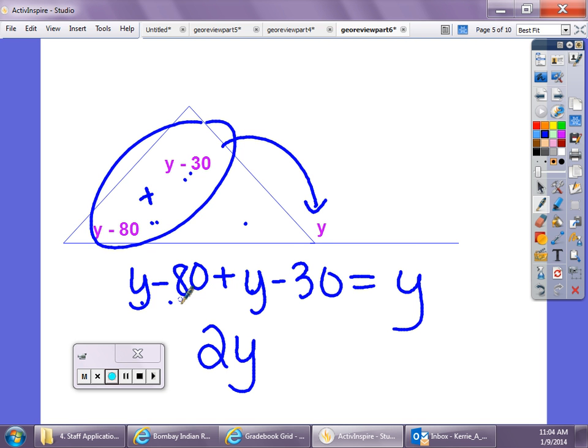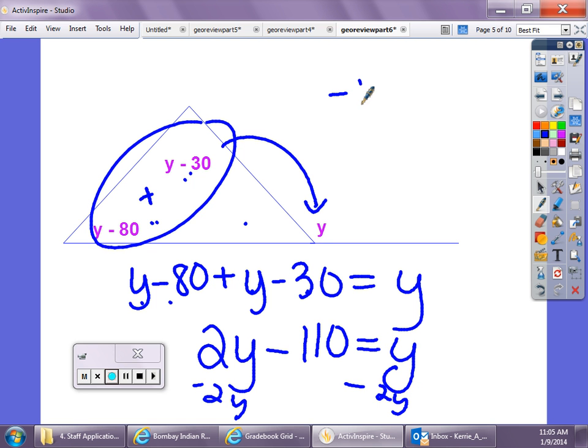2y. Negative 80 and negative 30. You borrowed 80 from your dad, 30 from your mom, so you owe 110 equals y. What would you like me to do now? Minus 2y. Excellent. So now I have negative 110 equals negative y. Negatives cancel out. What is y worth? 110.